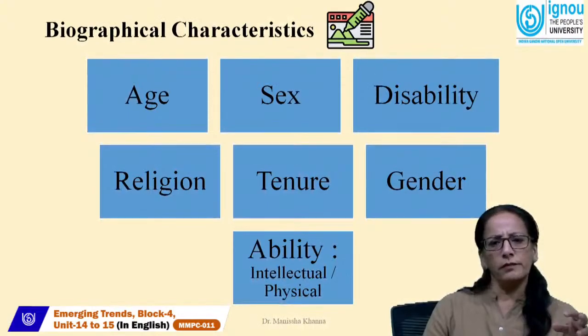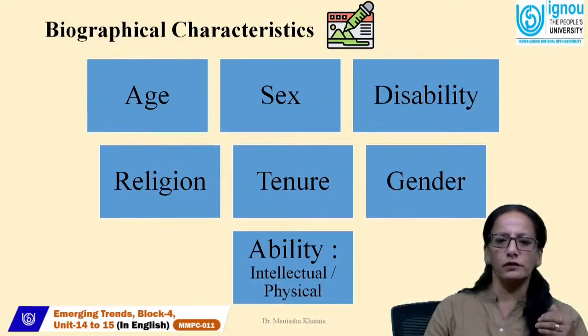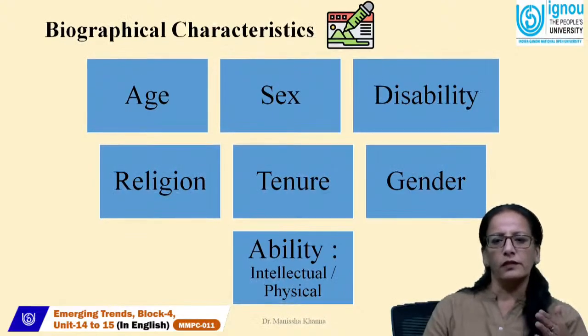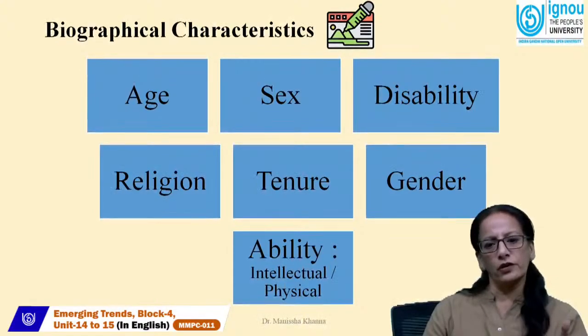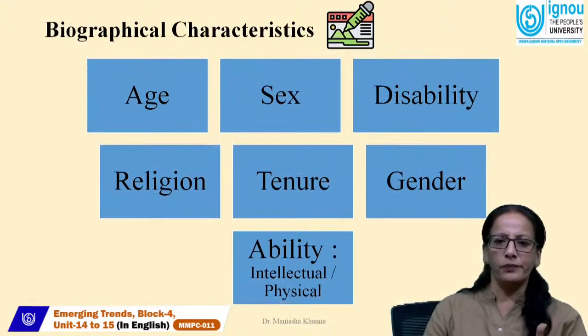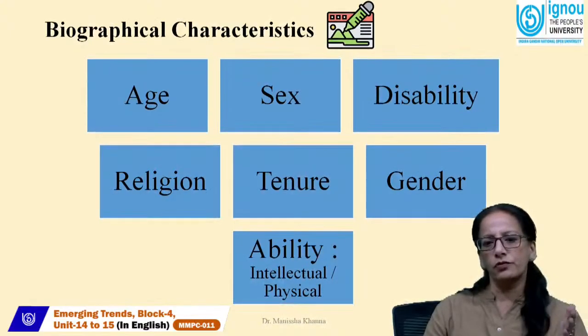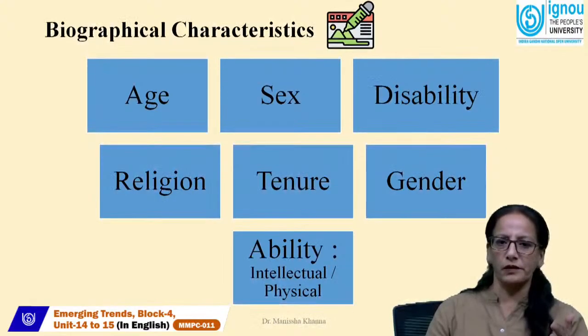There are other biographical characteristics also which are a matter of concern, that is age, sex, disability, religion, tenure, gender and ability. Here the ability refers to not only the intellectual ability but also the physical ability.